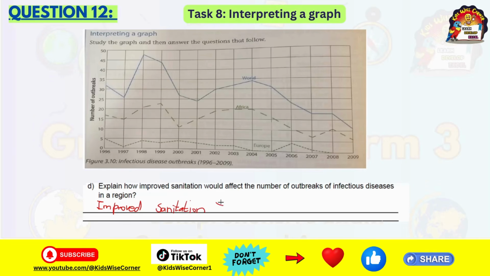And with fewer outbreaks, wastewater is managed properly.